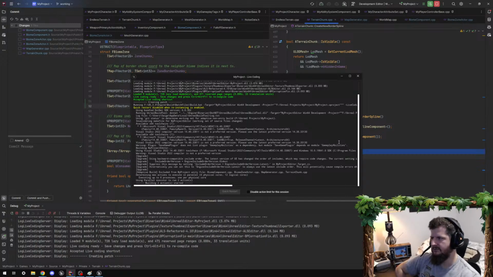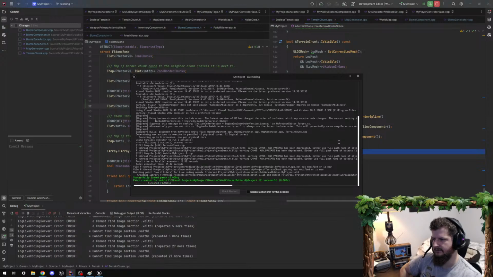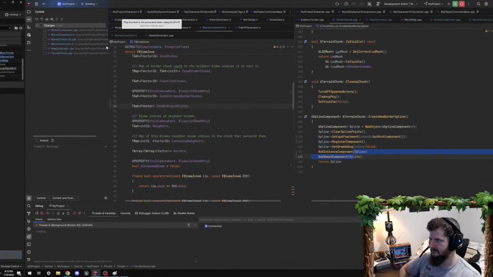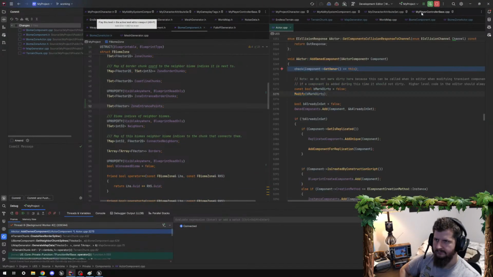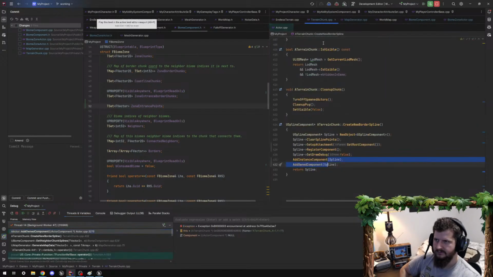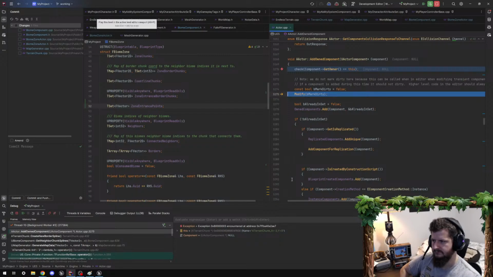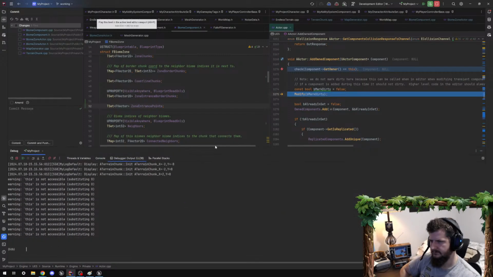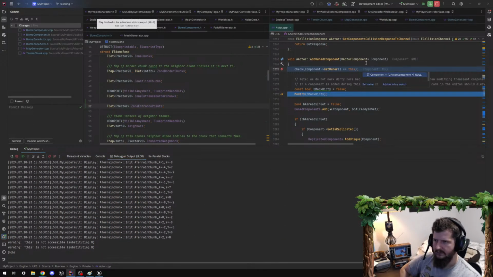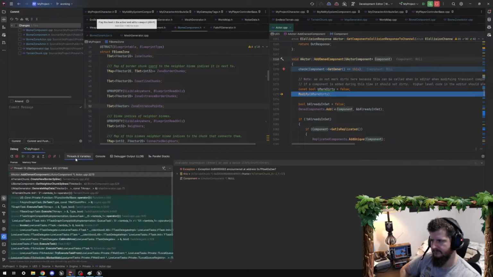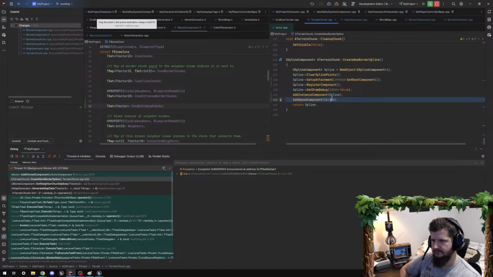And with that information, I should be able to tell what those chunks are doing. Yep, that's to be expected. That's to be expected. Okay, maybe this isn't to be expected. Why is this happening now? It wasn't happening before. Component is null. How on earth would that be null?